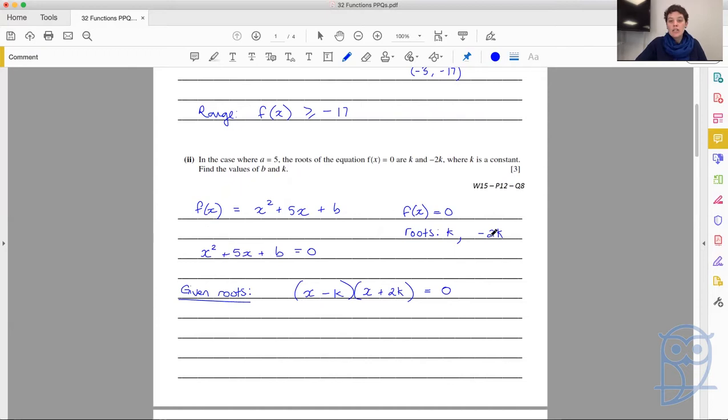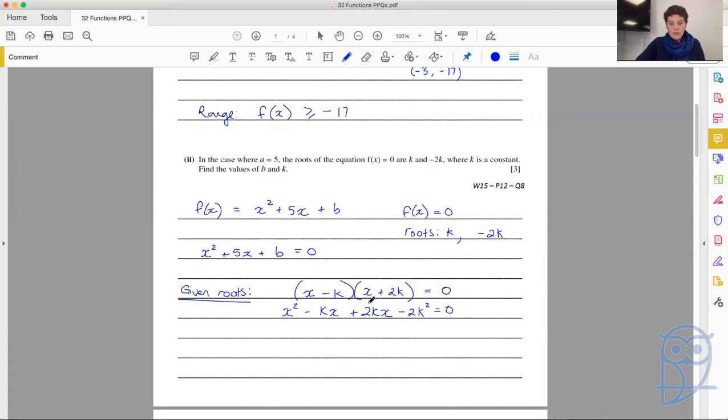Remember that you've got to change the signs when you put them into brackets because you would change the signs coming out. So just check, x minus k gives us x equals k, x plus 2k gives us x equals -2k. So we're happy. Now we can expand. So x squared minus kx plus 2kx minus 2k squared equals 0.